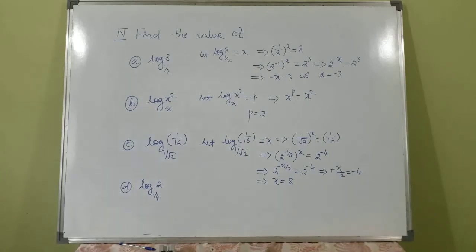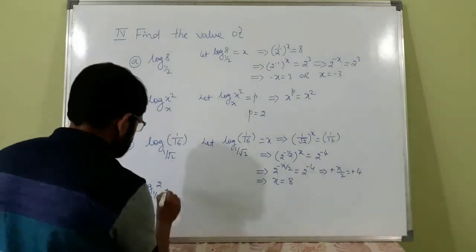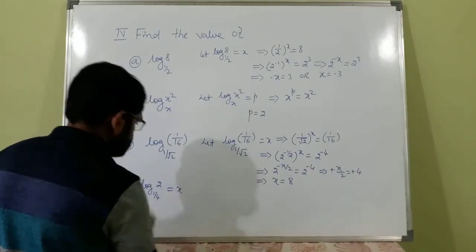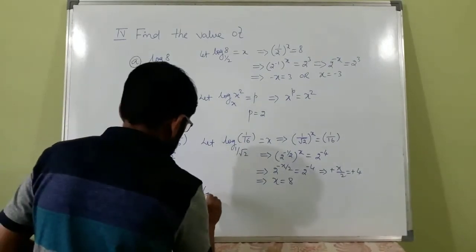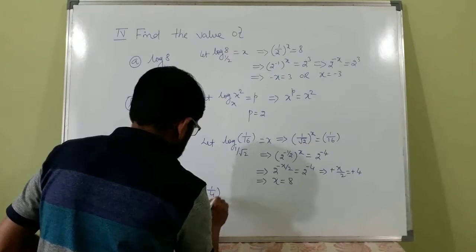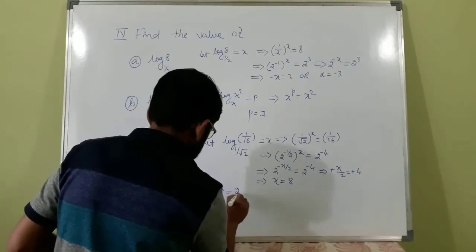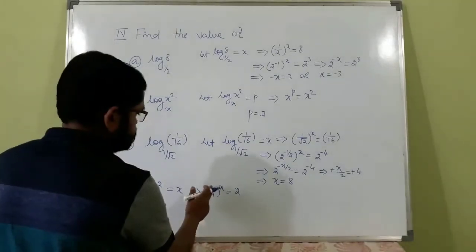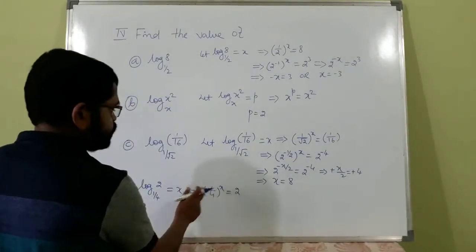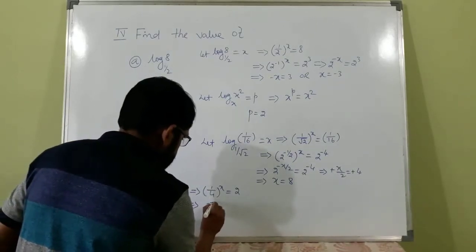Similarly, try this one. Suppose this is equal to x. This implies (1 by 4) to the power x is equal to 2. See, this is 1 by 2 to the power 2, so this implies 2 raised to minus 2.